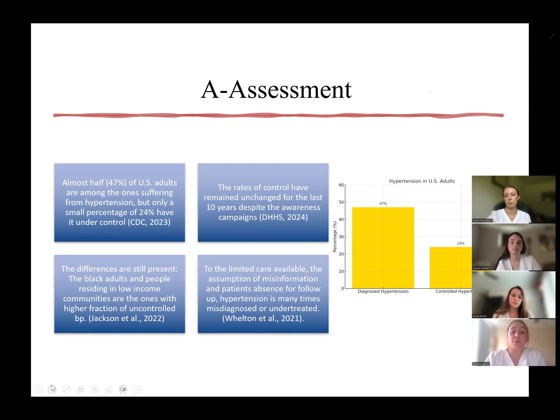So people may not go to their follow-ups for many reasons, which we're going to cover in a little bit, whether they don't have access or they don't have health coverage, or maybe they think they're healthy, as we have seen in this program when we covered the definition of health. Everyone defines health differently. So people say, I'm healthy, I don't need to see a doctor. And unfortunately, when they go, it's too late, it's irreversible, it's there.